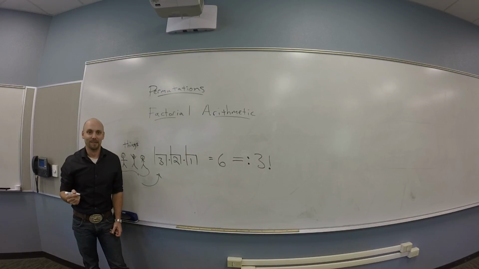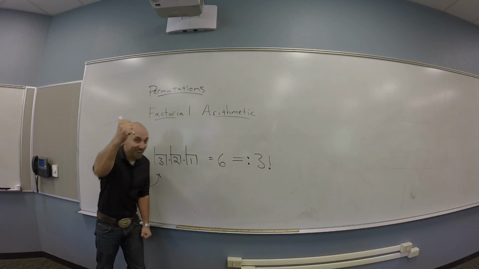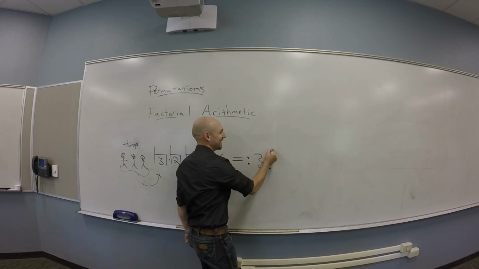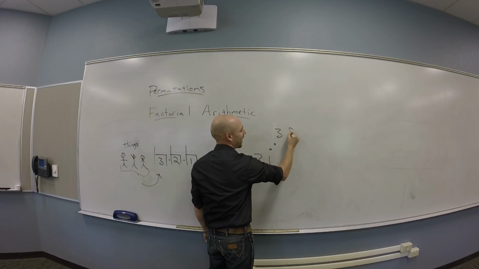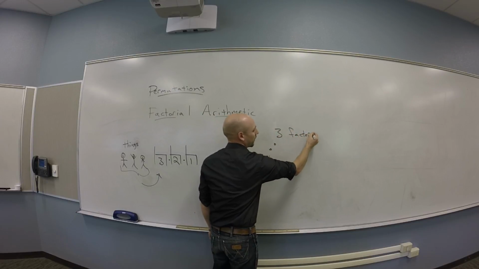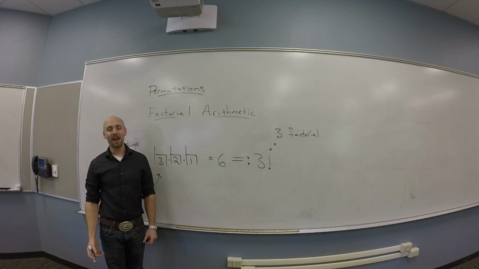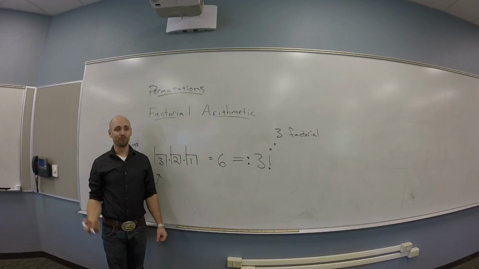Does that make sense? So 3, right? When you're reading this, you read this as 3 factorial. And all this is to give you a way to conveniently write down really, really big numbers.